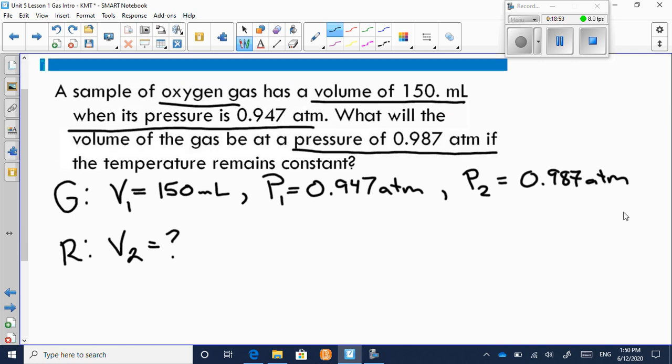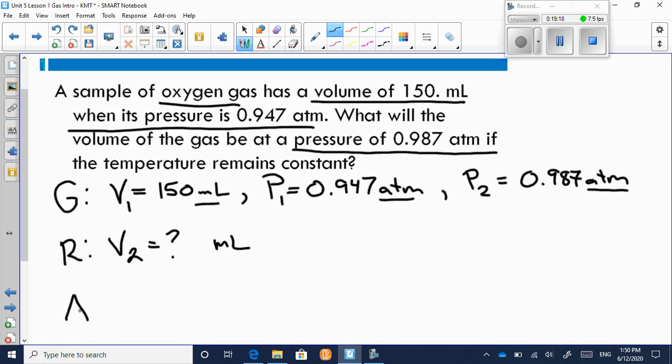Now, with these gas laws, as long as the units are constant, you don't have to change anything. I don't have to change to liters, but my answer will be in milliliters. As long as these are both atmospheres, and this is in milliliters, my answer will be in milliliters. So I don't need to change any units.